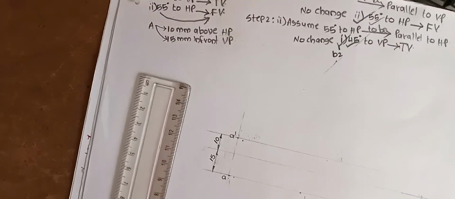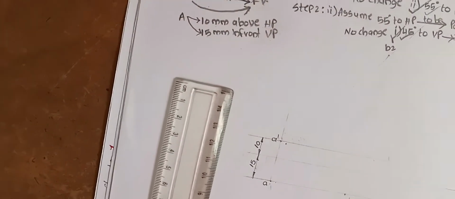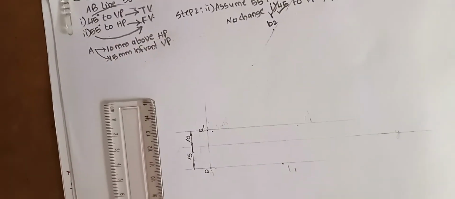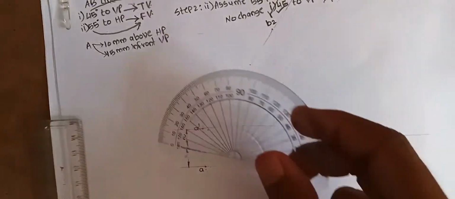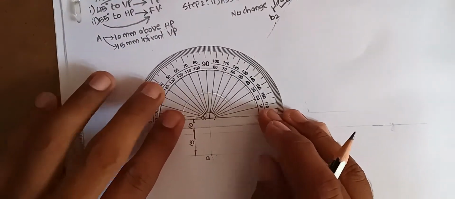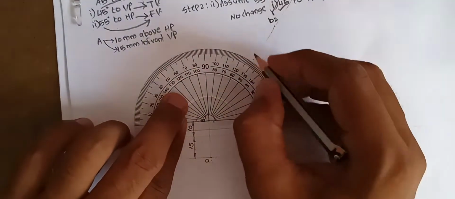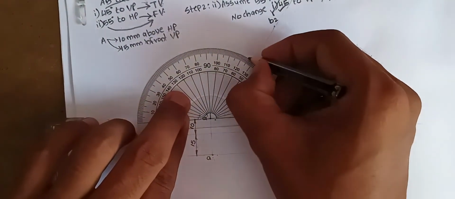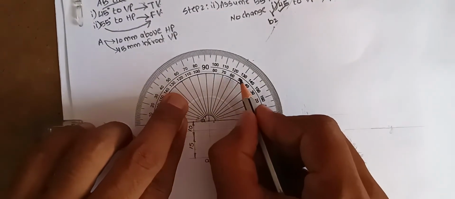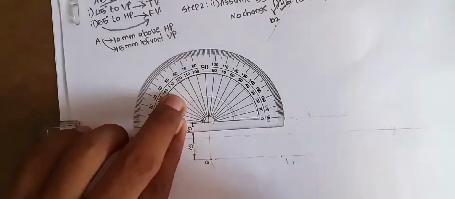What is that angle? That is 55 degrees. Take the protractor and try to identify 55 degrees. Make 55 degrees.